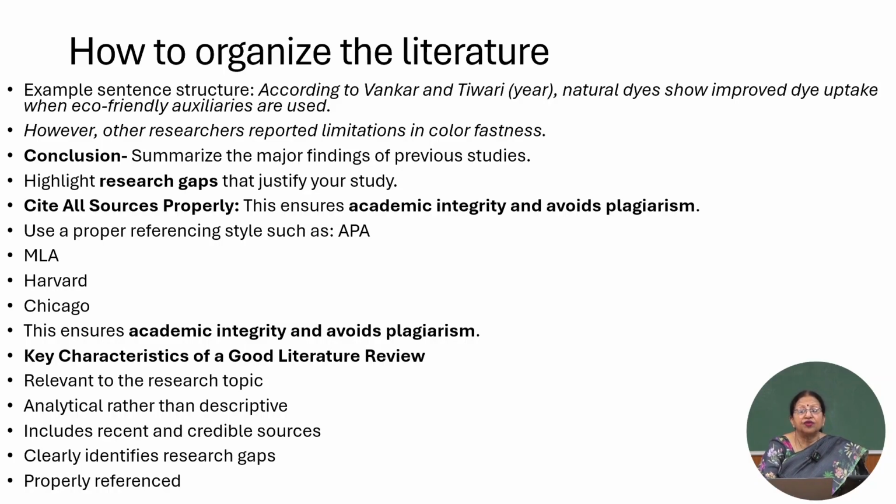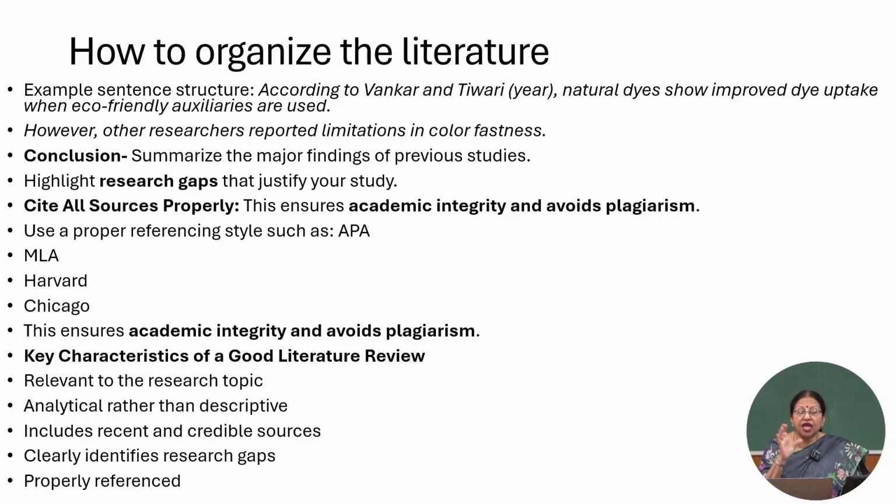In order to organize the literature, one has to write in one style. For example, if I am mentioning a paper by Wankar and Tiwari, I should write the year in parentheses and then write the name of the paper. Natural dyes showed improved dye uptake when eco-friendly auxiliaries were used. However, other researchers reported limitations in color fastness.